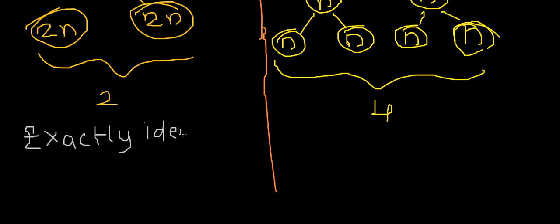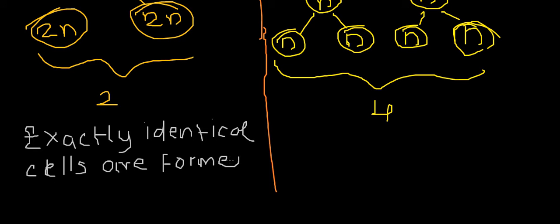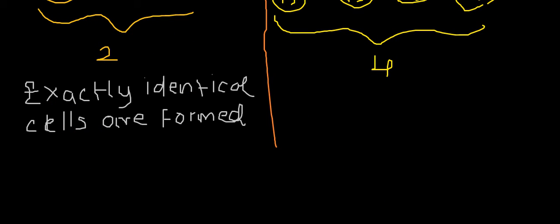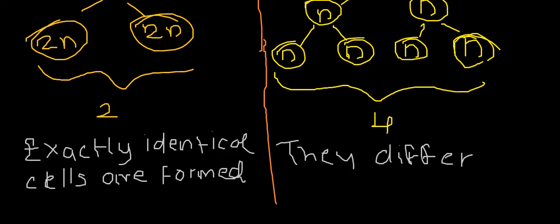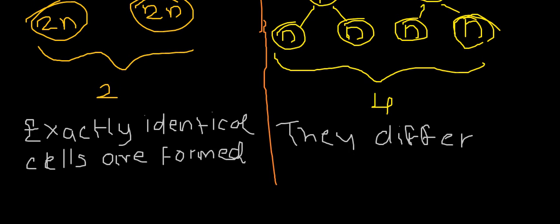And in meiosis, the cells are not at all identical. They differ from each other, and hence this results in differentiation.